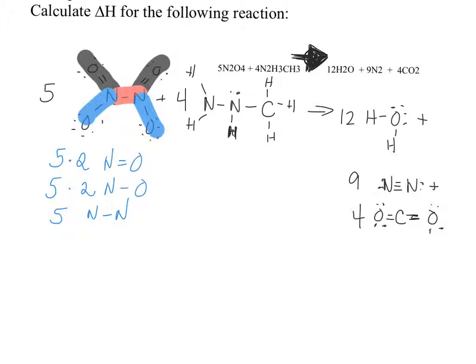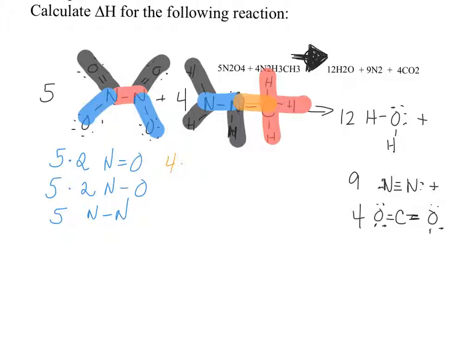Next I have 3 NH bonds. I also have 3 CH bonds. I also have an NN bond, and I have an NC bond. Okay, so let's write that all down below.